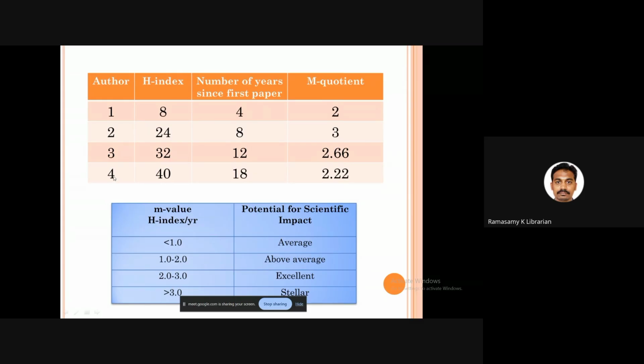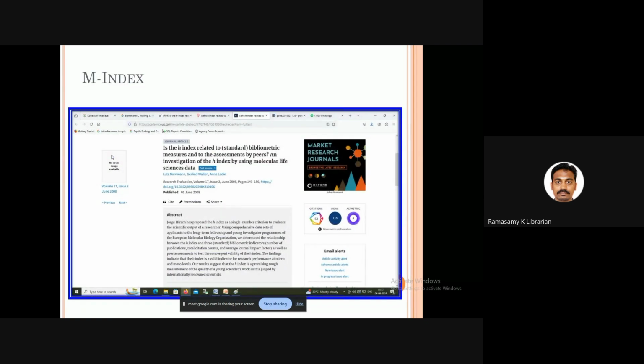And author 4, though he has 18 years of experience, has an M quotient comparatively lesser than the third author. So M quotient helps you to understand, when the authors have different career lengths, how you can find out the author who is effective with the help of 2 things: their H index and for how long they have been publishing papers. This is M quotient. Good.